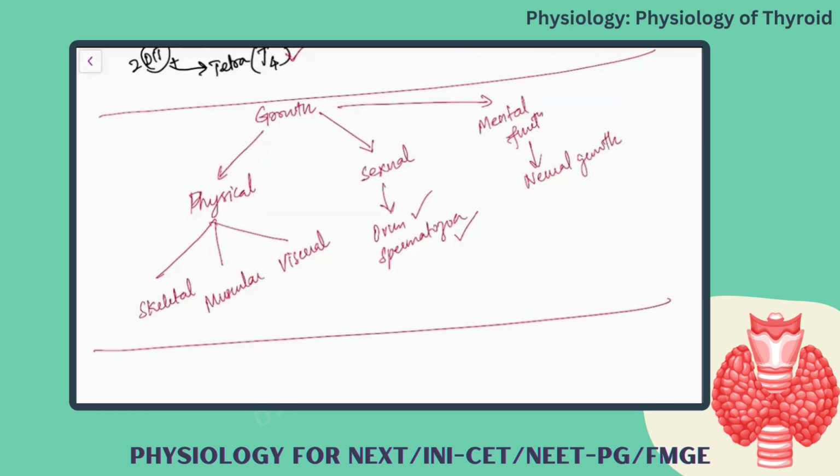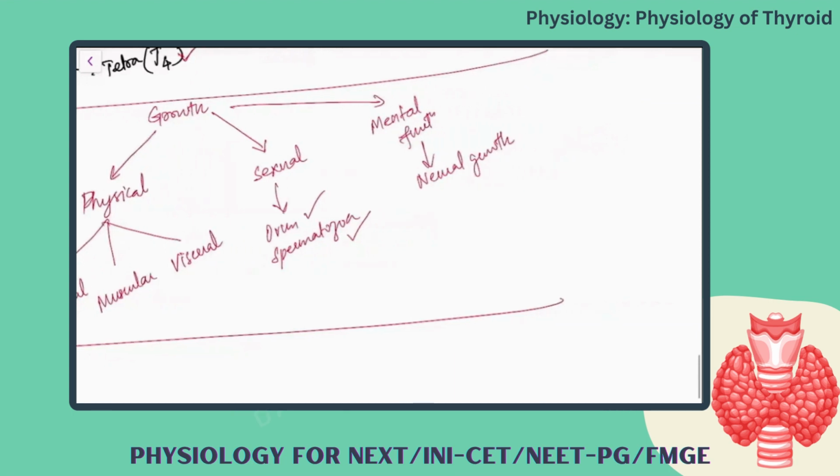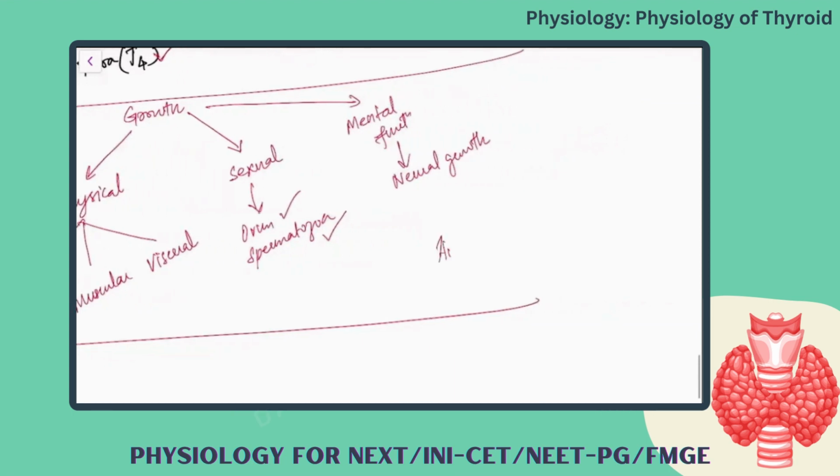So in all cases, if you see any abnormality along with CBC, do the thyroid function test: T3, T4, TSH. Why T3, T4, TSH? Because of the same hypothalamo-pituitary-thyroid axis.